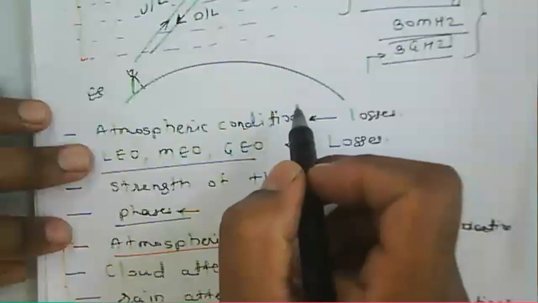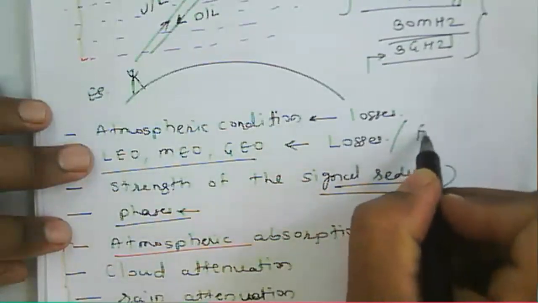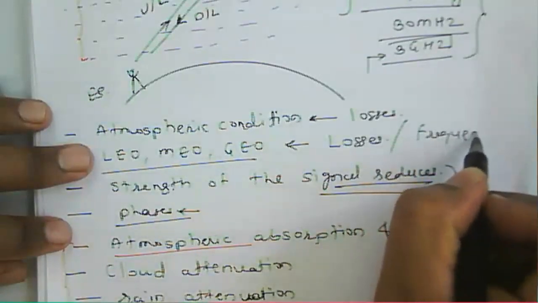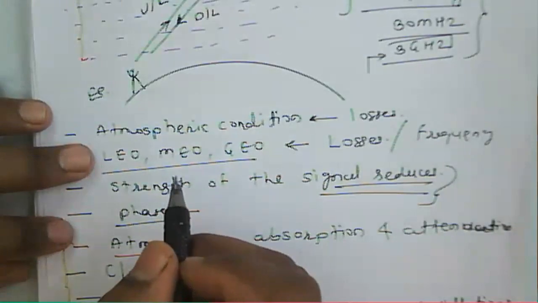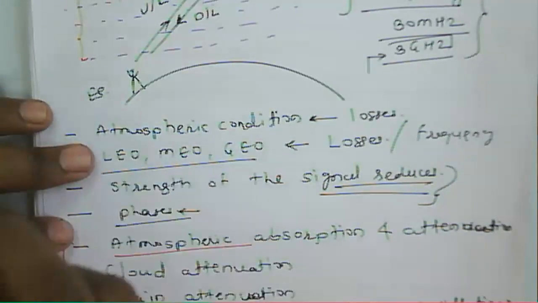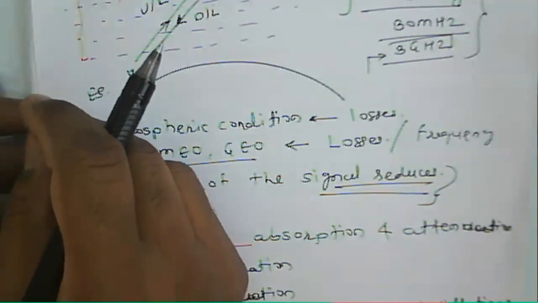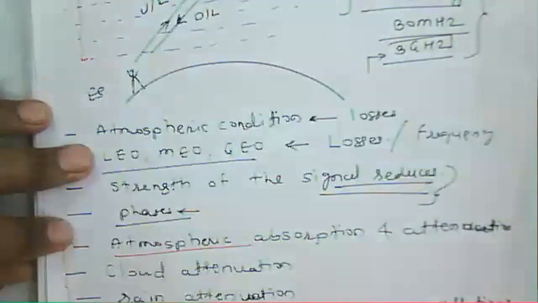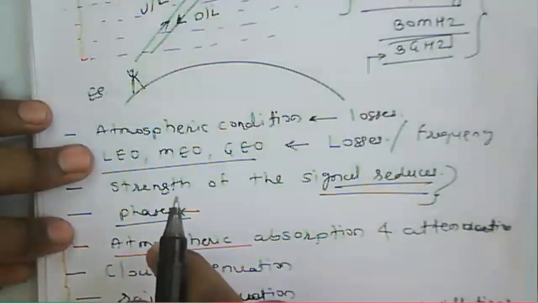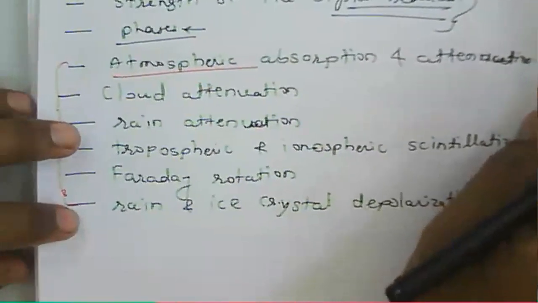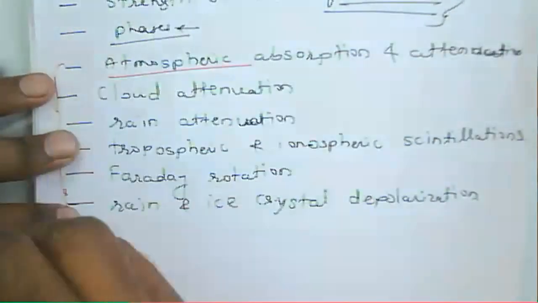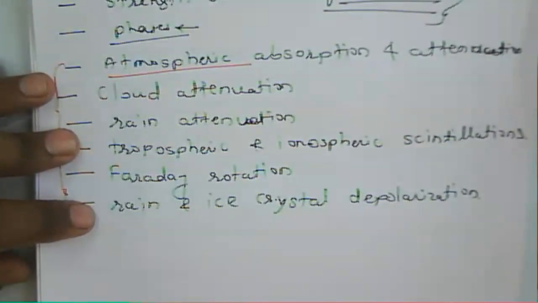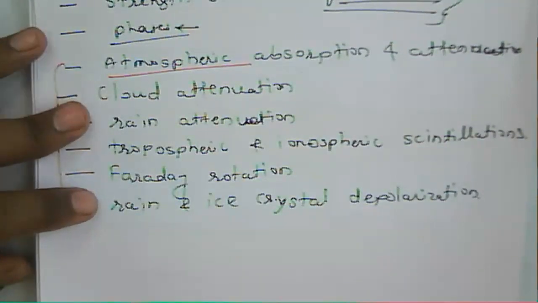The losses will be due to whatever frequency is operating. At whatever frequency your satellite signal operates, the losses will be more or less. So we learn at what particular frequency your losses will be more.